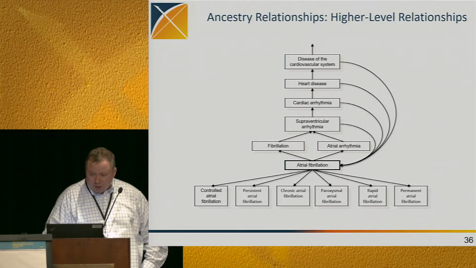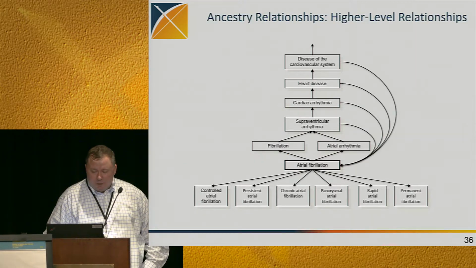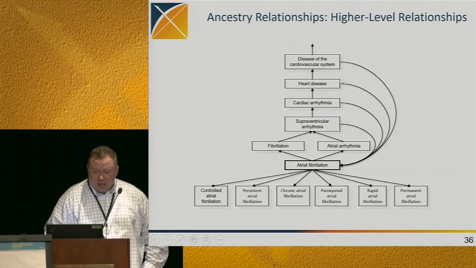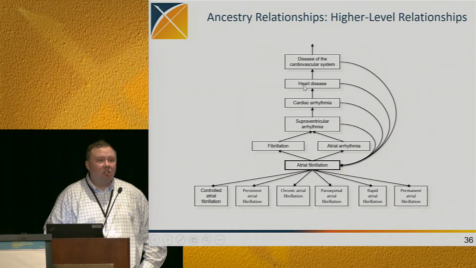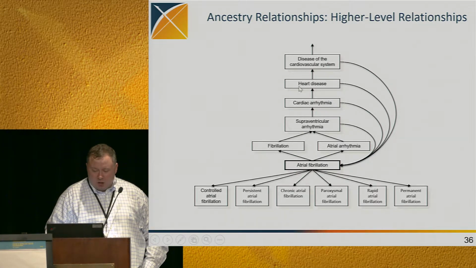So here you have individual concepts that are built up. But the concept ancestor table allows me to say something like, if I want to find all heart diseases, I can actually use this concept ancestor table to realize that cardiac arrhythmia is a heart disease.